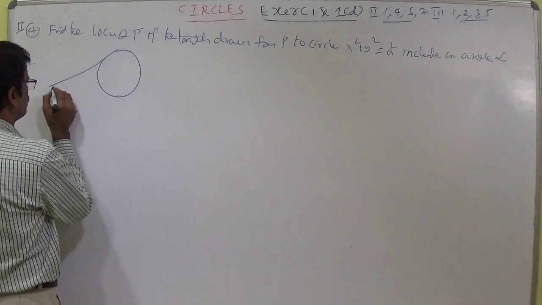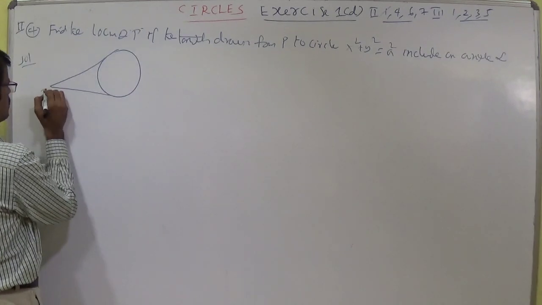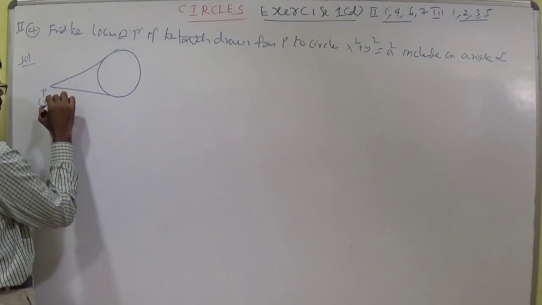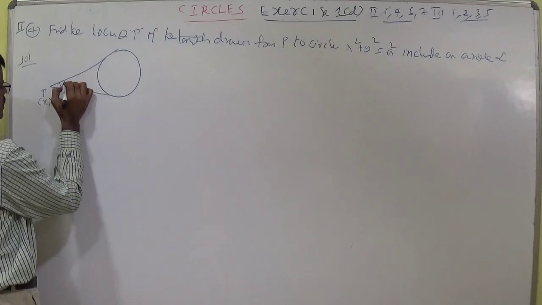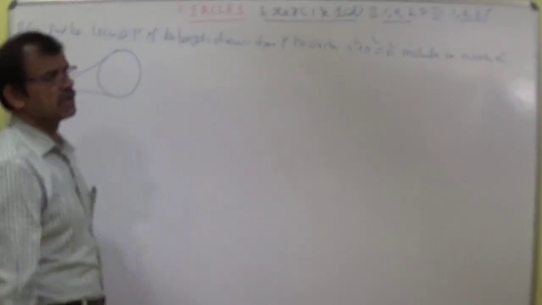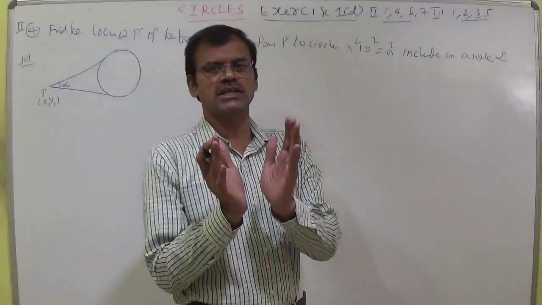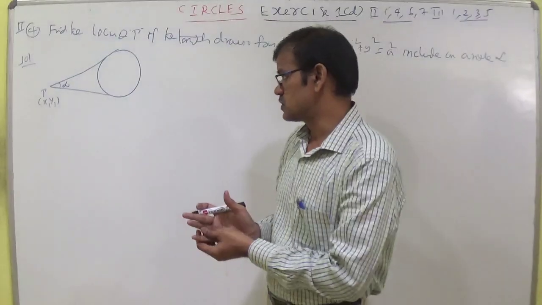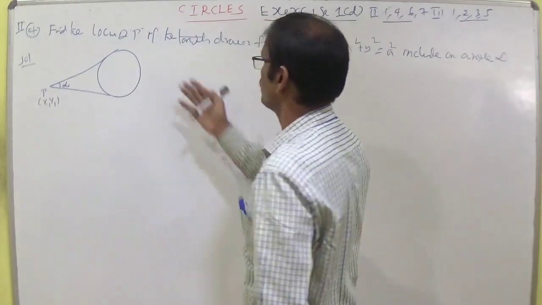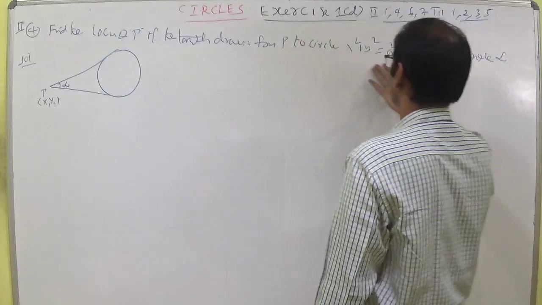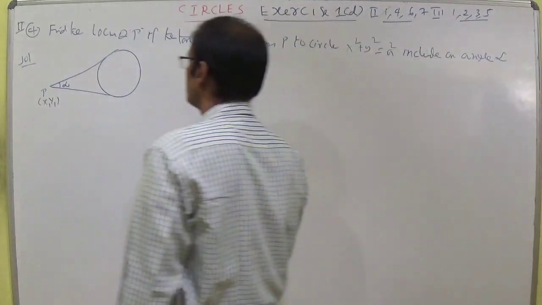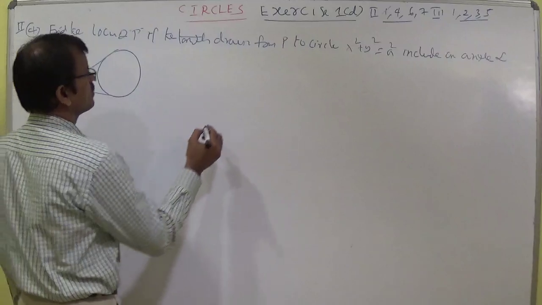So what is P? Of course this is nothing but P (x1, y1). You should calculate the locus of the point whose tangents make an angle alpha. So the tangents make alpha degrees with this P. Find the locus of P if tangents are drawn from P to the circle including an angle alpha. So the locus of P you should calculate.